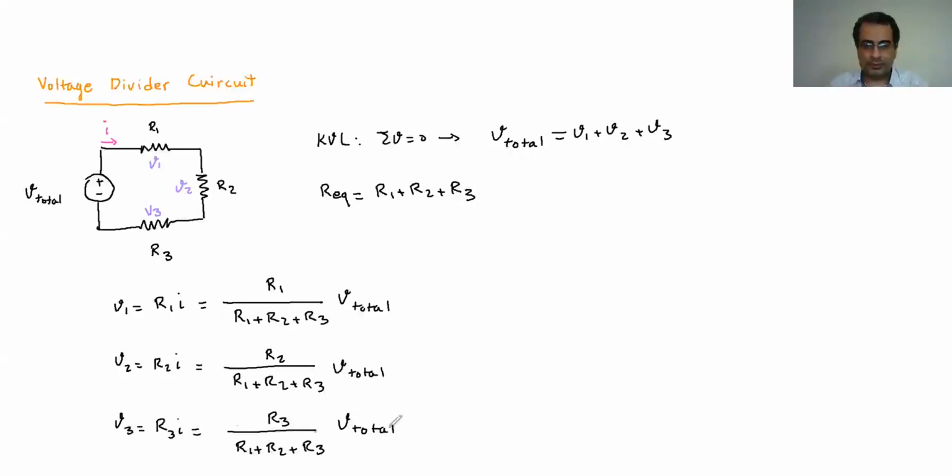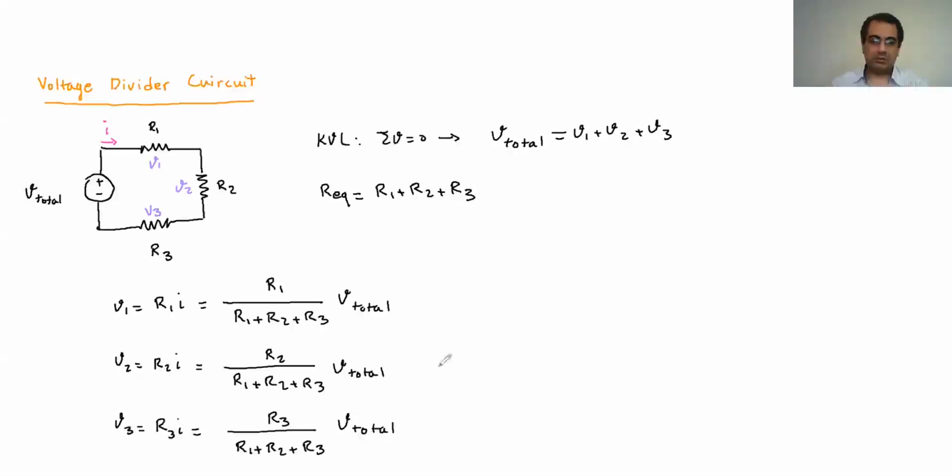So directly you can find V1, V2, V3 without knowing the I. The whole point here is that you don't need to know the I to find V1, V2, or V3 in a circuit like that. If you're asked to find V1, V2, or V3, one way is what we did before: write the equivalent equation, find the equivalent resistance, then in the equivalent circuit find the I, and then come back and find V1, V2, or V3.